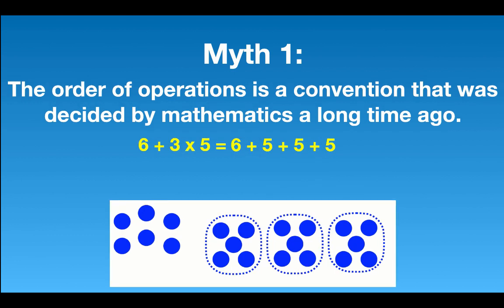Or maybe we could add a different way. 5 plus 5 is 10, 6 plus 5 is 11, 11 plus 10 is 21. To me, that way seems a little bit more efficient, but either way, the equivalence of the expression remains intact. But let's take a look at what happens if we add first.